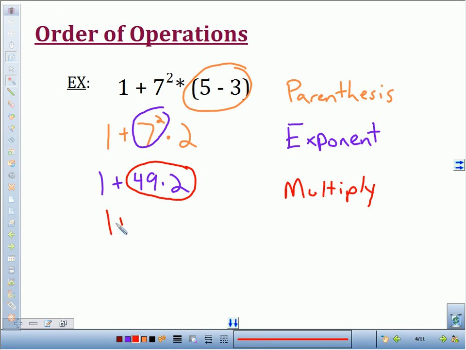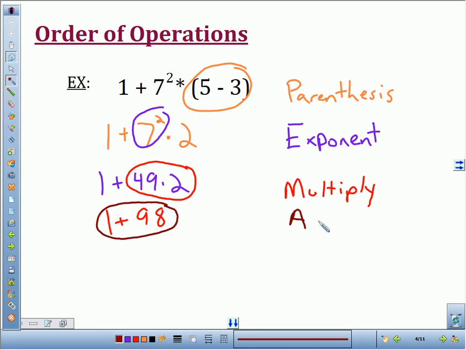So I have 1 plus 98. The 1 plus hasn't changed yet because that's addition, and that doesn't come until the end, which, coincidentally, is where we're at now. We have to do one last thing, and that is add.